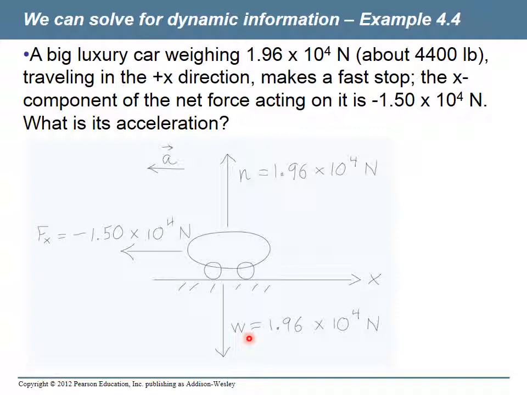So I can find my mass by taking the weight divided by gravity. I'll get that mass, and then I'll take the force divided by my mass, get my acceleration, and we'll have the answer. So acceleration is negative 7.5 meters per second squared. That would be to the left because it's negative.